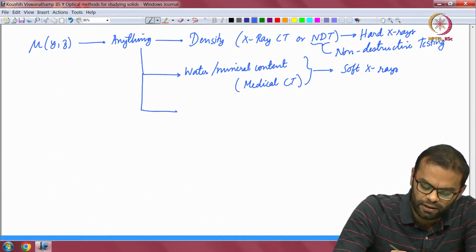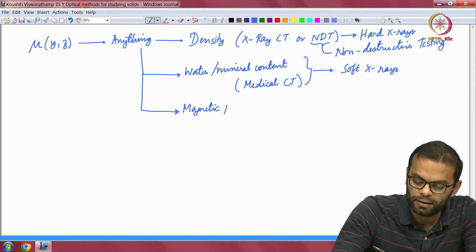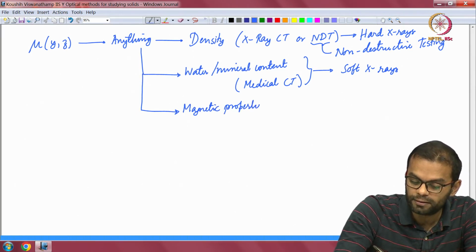Or this mu could actually even be proportional to the magnetic properties of the material.